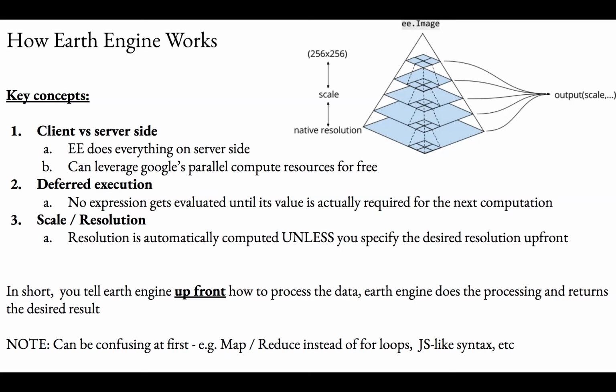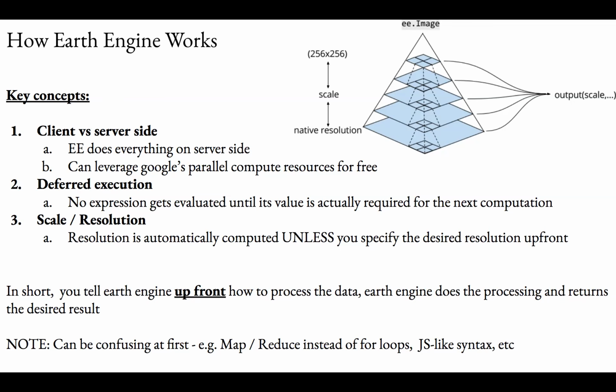You can specify the nominal scale of whatever data set to make sure you're getting the total results. But if you don't specify anything, it will calculate its own scale according to this pyramiding type geometry and the size of the image, because they don't want to compute too much in parallel. They have a load limit for each user.